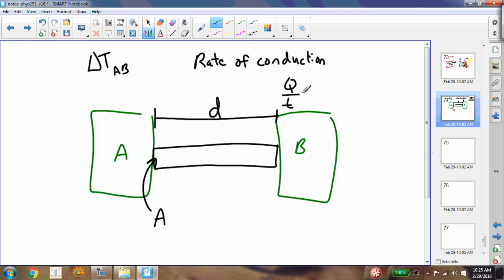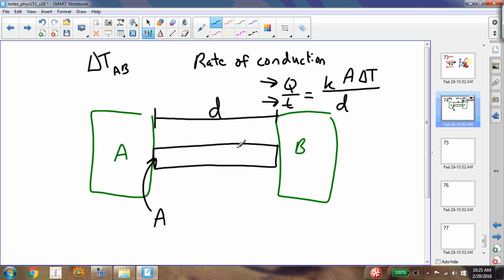Q over T is my rate of conduction. Remember, this is energy, so calories per second or joules per second. How much energy per unit time is equal to K, I'll explain what that is, A delta T over D.